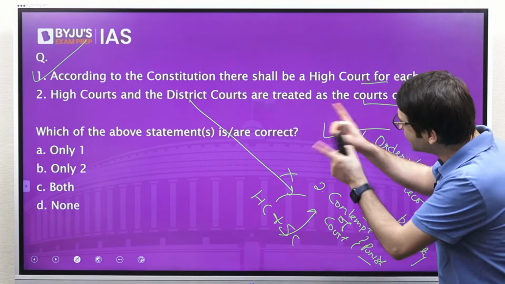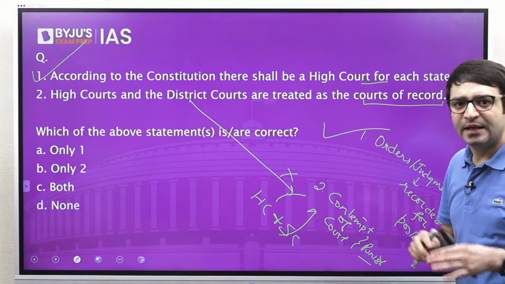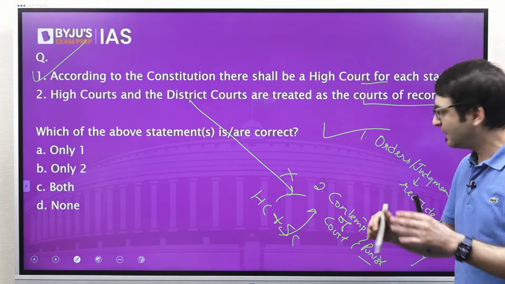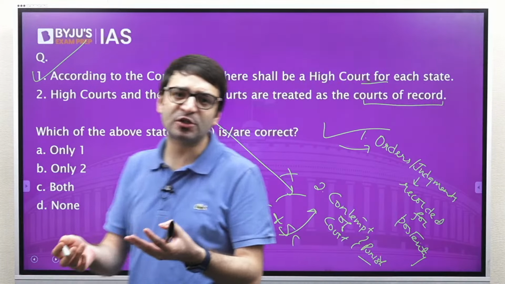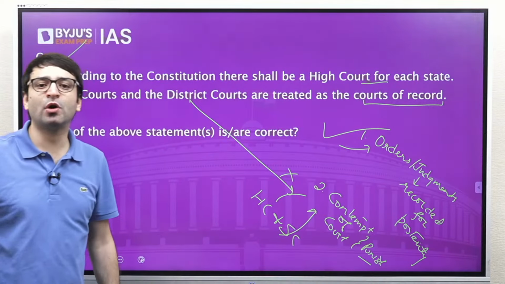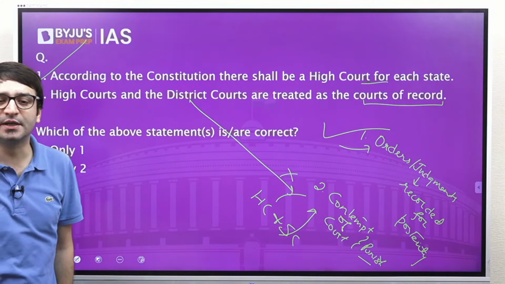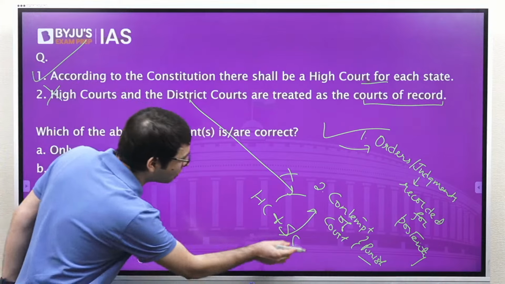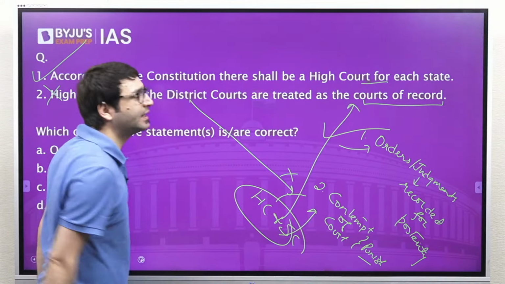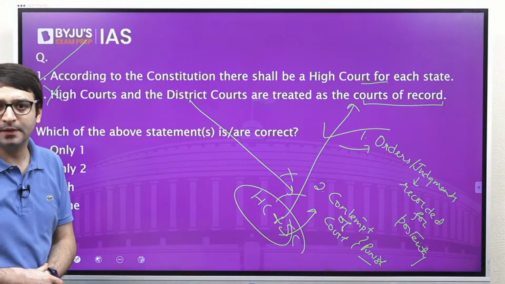That means district courts' orders, judgments, rulings are recorded for posterity, but district courts do not have the power to punish people for contempt. So this statement is incorrect, because only High Courts and the Supreme Court are treated as courts of record.